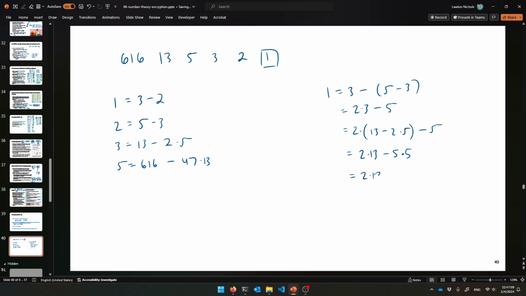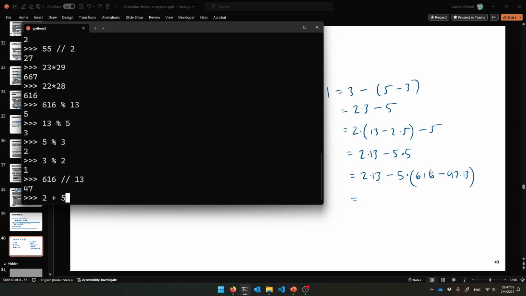So 2 times 13 minus 5 times, I'm not great at writing the number 5, 5 times, well, it's equal to that: 616 minus 47 times 13, which is disgustingly large. Okay, let's do the math on this. How many 13s? You got 2 from this one, and then you've got plus 5 times 47 13s. Oh gosh. 2 plus 5 times 47. 237 13s.